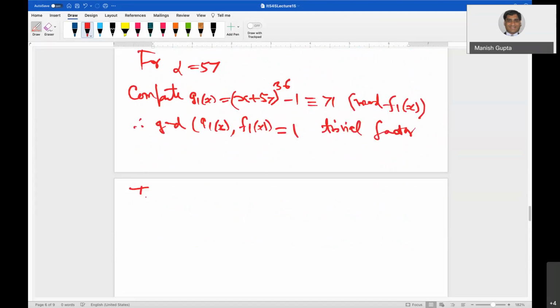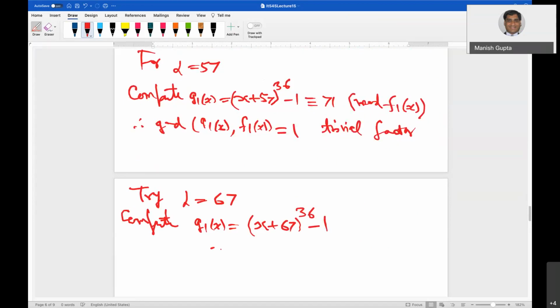This time we try alpha is equal to 67. I am just showing you different alpha, what happens. Again compute g1 of x, which is (x plus 67) raised to power 36 minus 1. This time this value turns out to be 66x plus 64 modulo f1 of x.